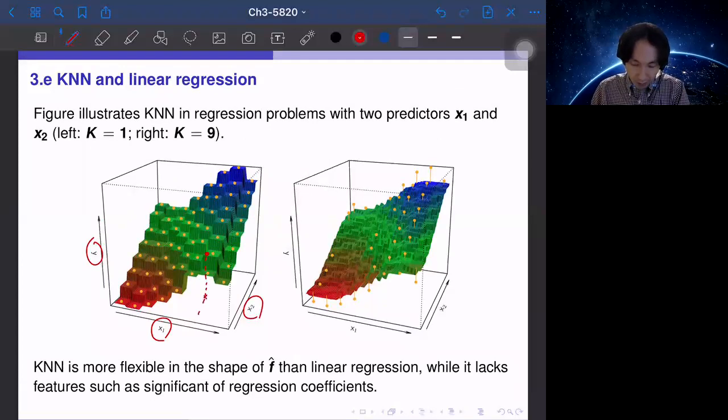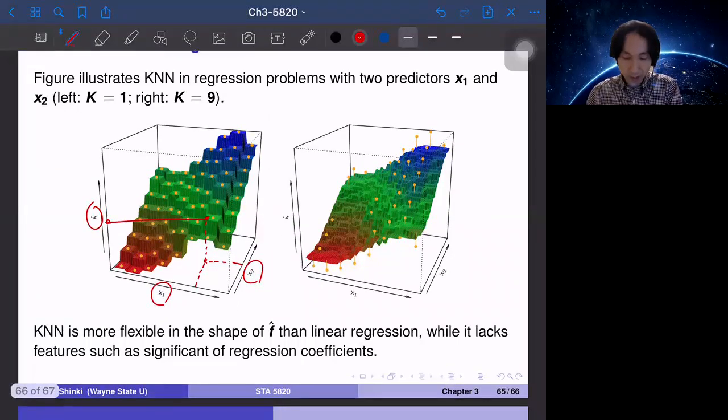Here the 9 closest observations don't change if the point only moves a little bit, and we only have 50 observations in total. That's why this is not a smooth surface but flat in some areas. Within this area, the nearest 9 observations are exactly the same.